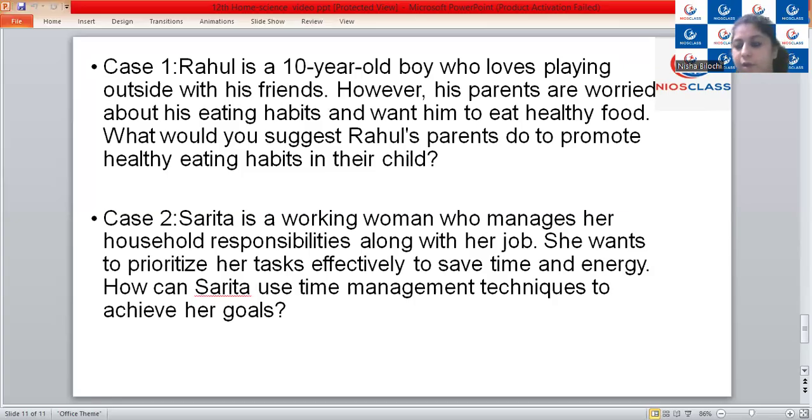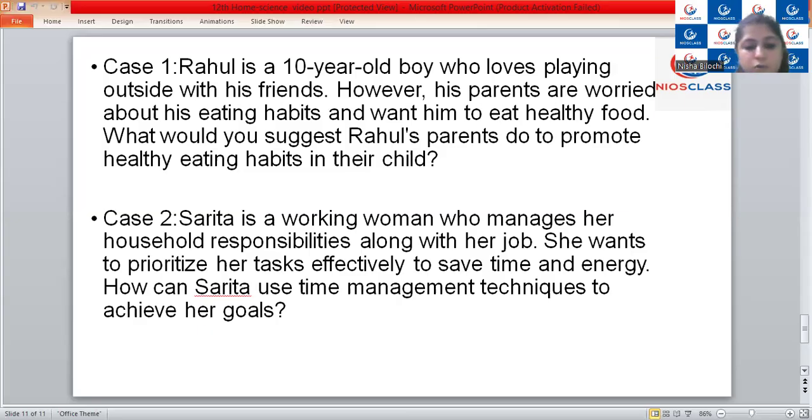So just like most students, Rahul's parents are also worried about him because of his eating habit, right? Most of the time he is eating outside, and he doesn't want to eat healthy food. What would you suggest Rahul's parents do to promote healthy eating habits in the child? So there's nothing new in this one, right?